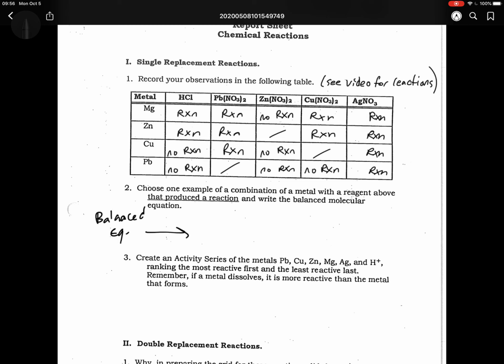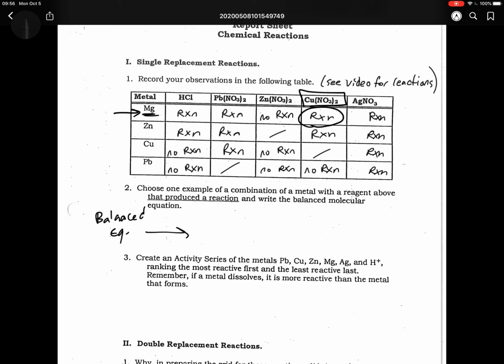Okay? And you're going to pick a reaction from up here that says RxN, not one that says no reaction. So you're going to pick a square that has a reaction, and you're going to show how that metal and that other metal reacted together. That's all you have to do for this part. Pick one, write a balanced molecular equation.